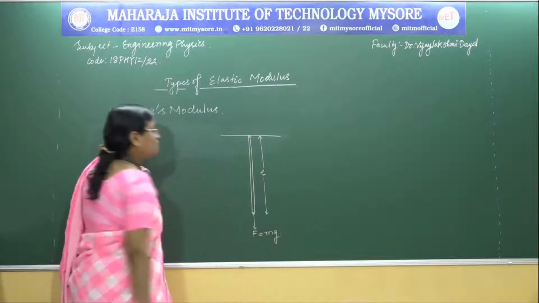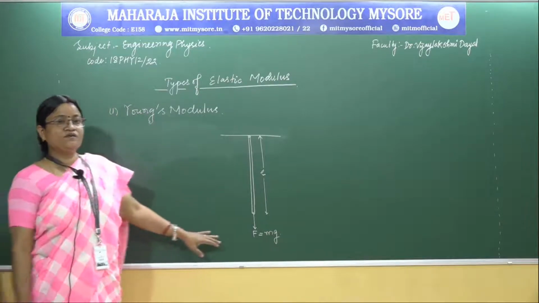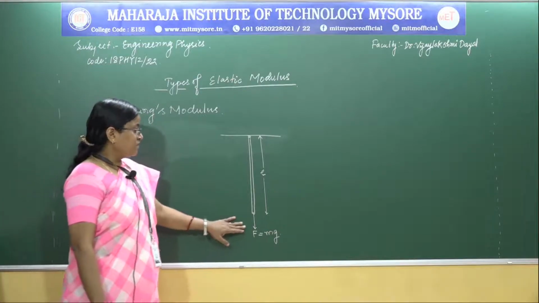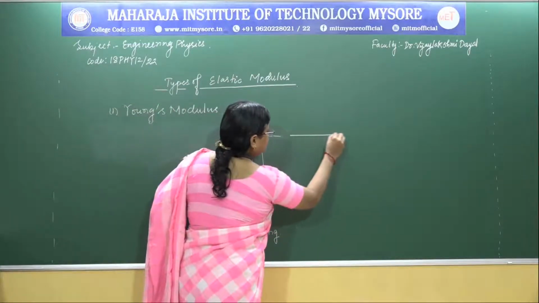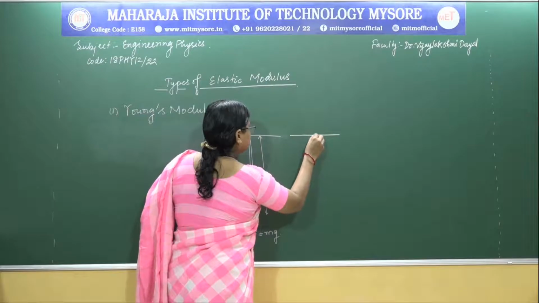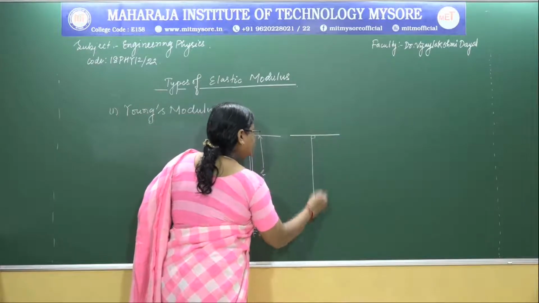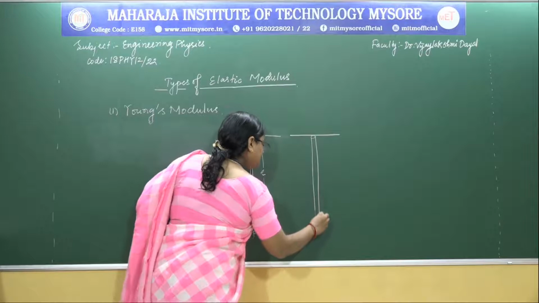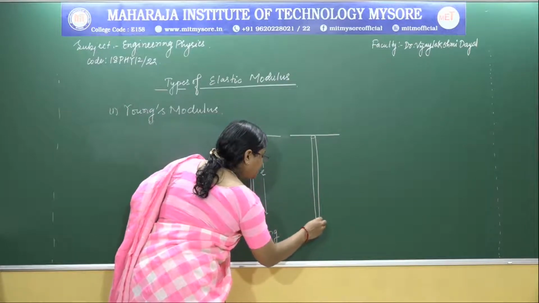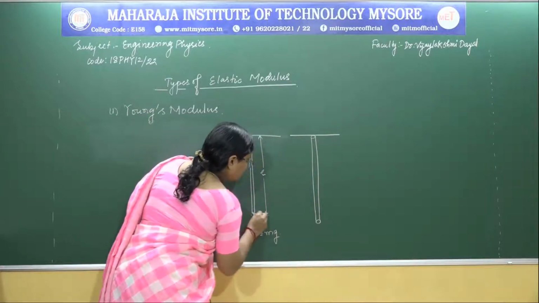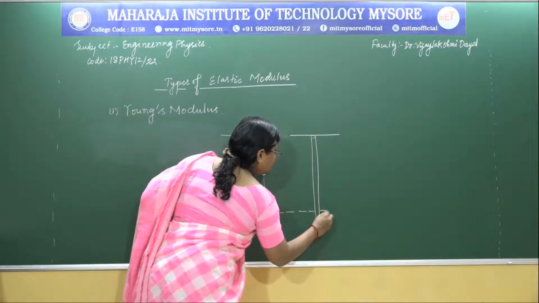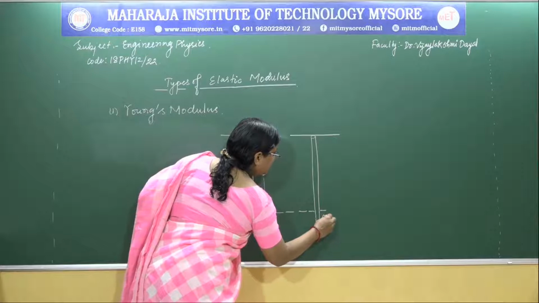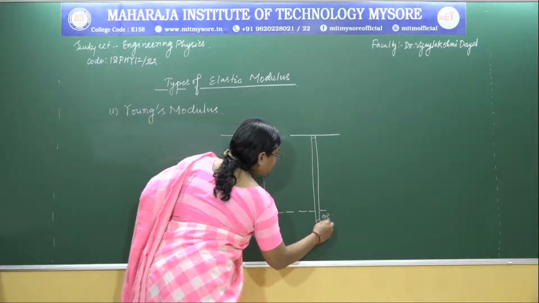The magnitude of the force, as you know, F will be equal to mg. When we apply the force along the length of the wire, it gets extended, suppose, by the length delta L.